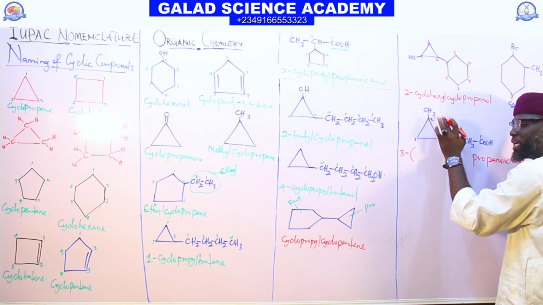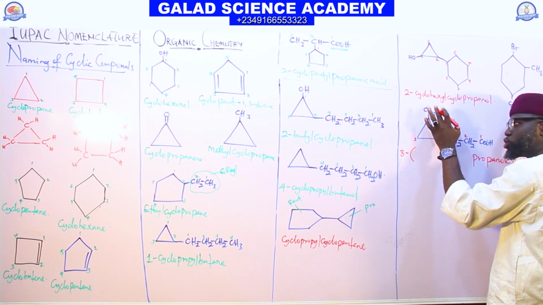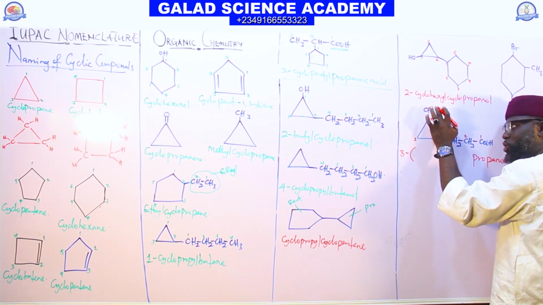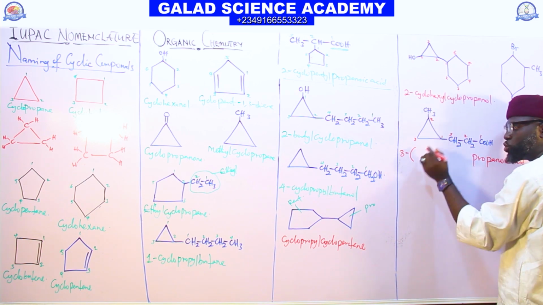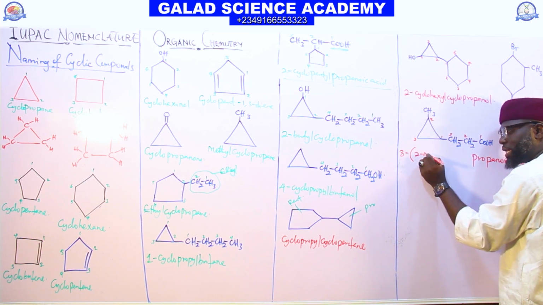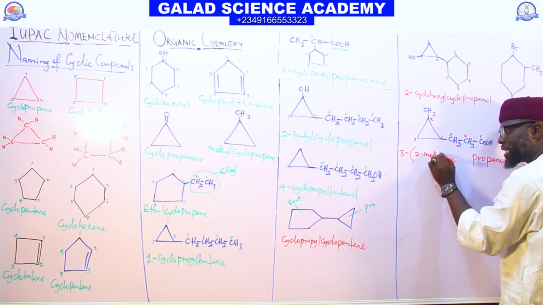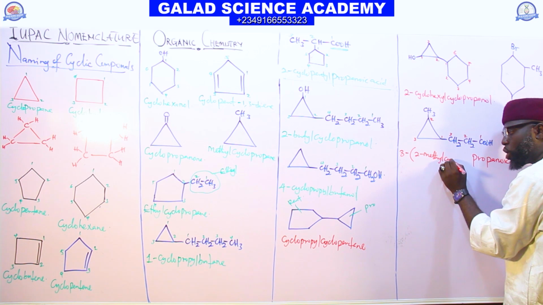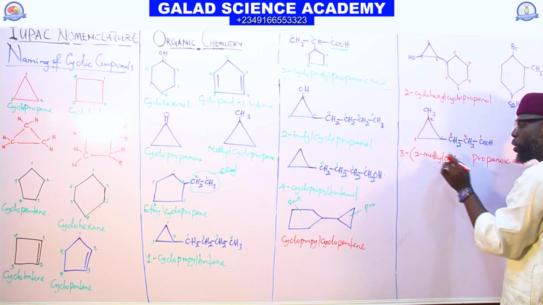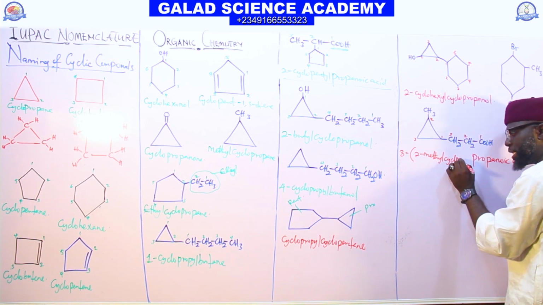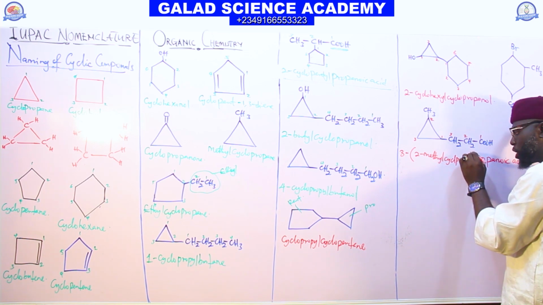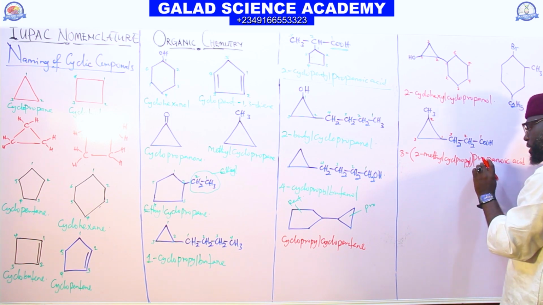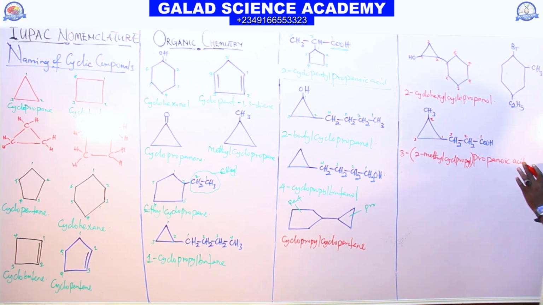And I name this one. This is 3. This is 2-methyl. This one is methyl attached to 2. Call it 2-methyl. This is cyclopropyl. Close the bracket. Propanoic acid.